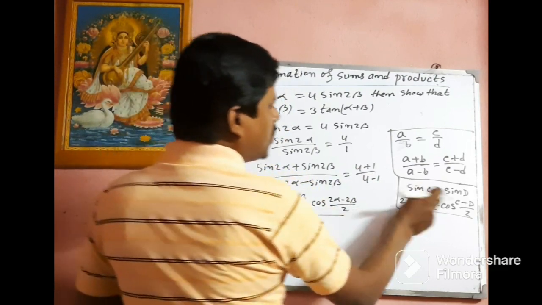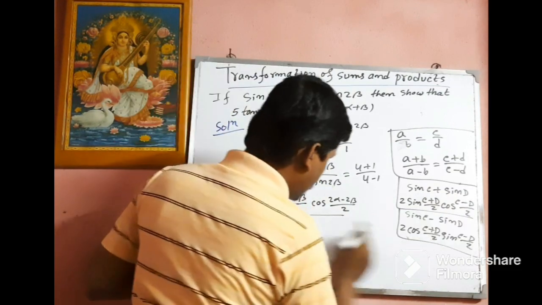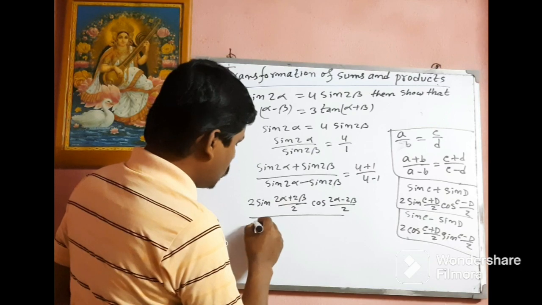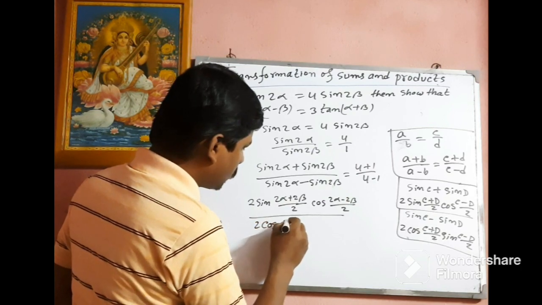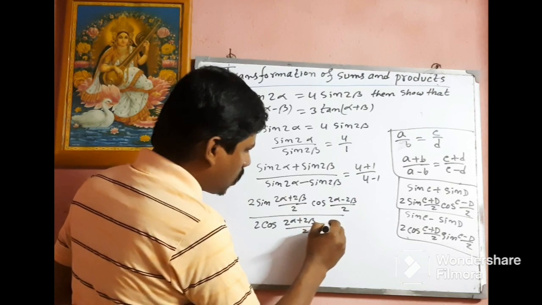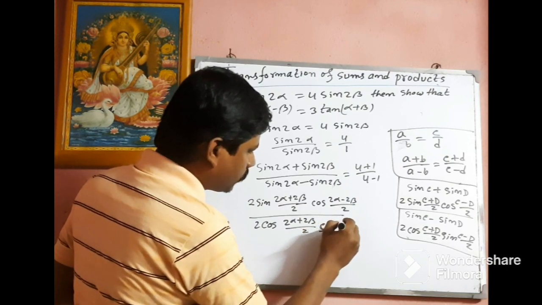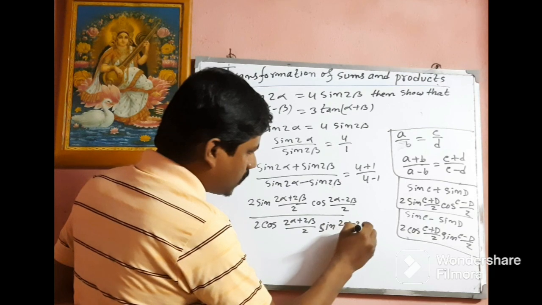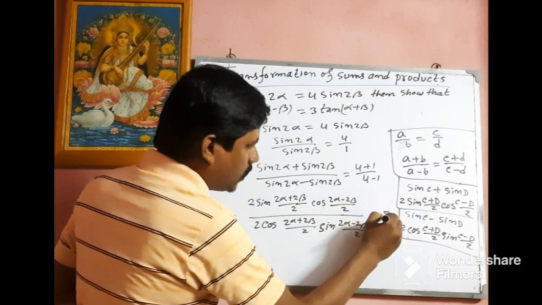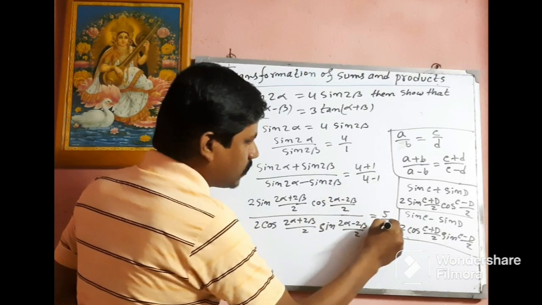Now using sin C plus sin D and sin C minus sin D, we get it. Here we are writing the formula: 2 sin of 2 alpha plus 2 beta divided by 2 into cos of 2 alpha minus 2 beta by 2, and the addition of this and subtraction of this.